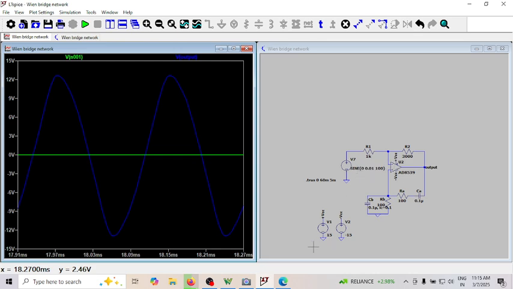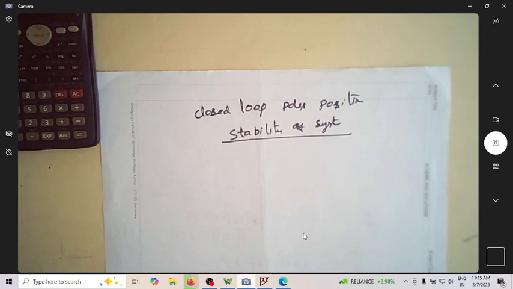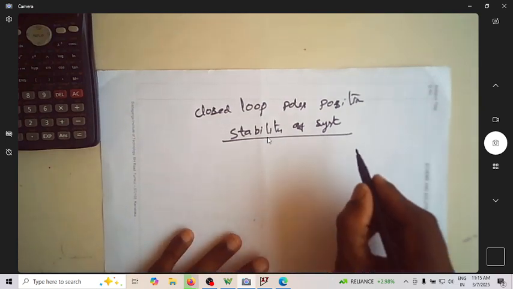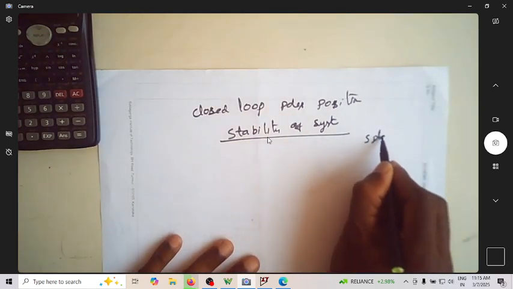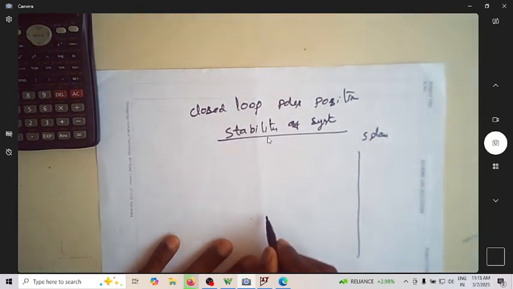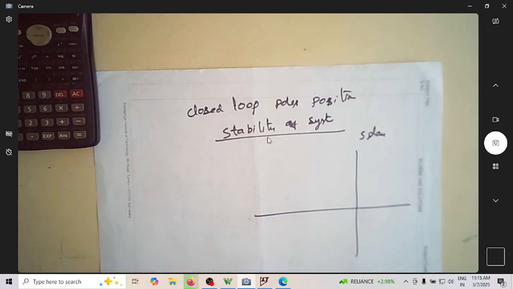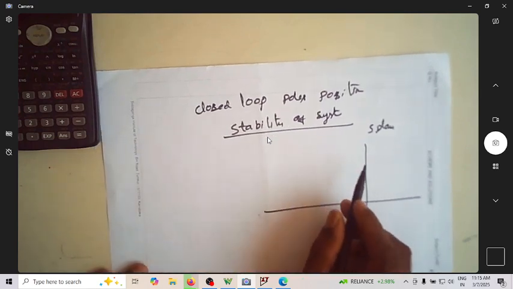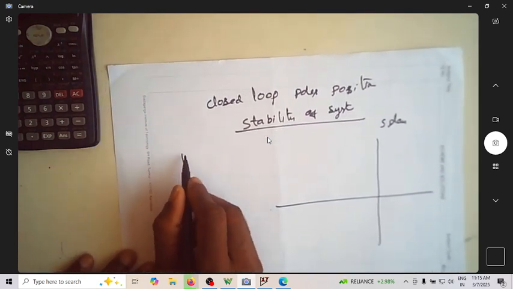Meaning to say, the system stability will be lost if the closed loop poles are not in a certain region of the S-plane. This is your S-plane. Of course, we will get to know about system stability.